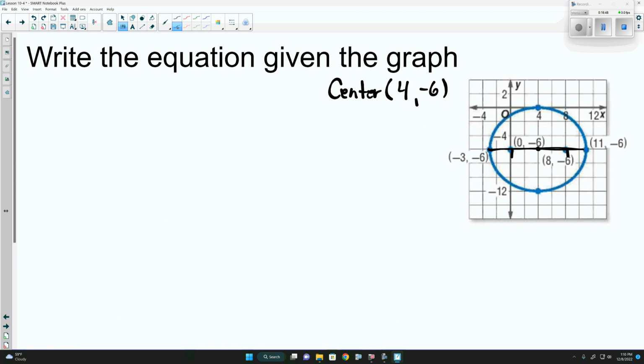Now the equation we're working with is (x minus h) squared over a squared plus (y minus k) squared over b squared is equal to 1. Since it's stretched along the x-axis, a is under x.